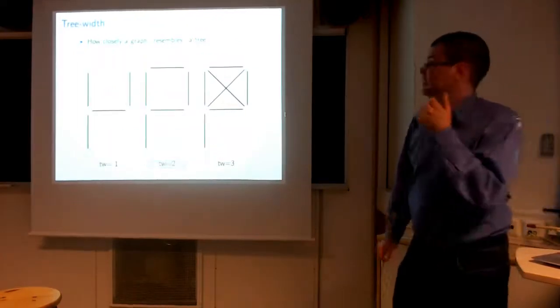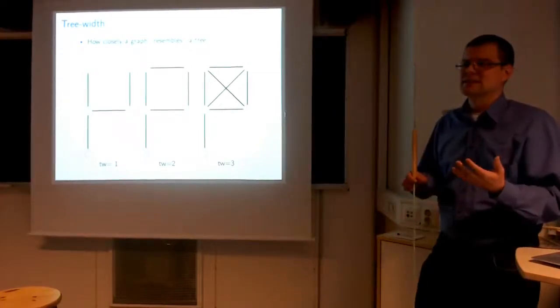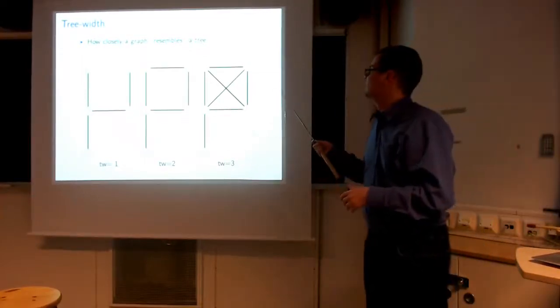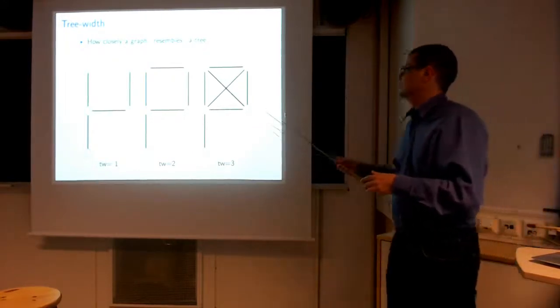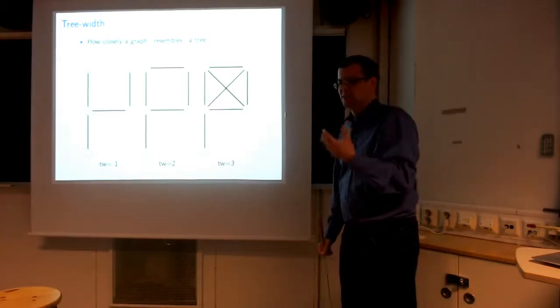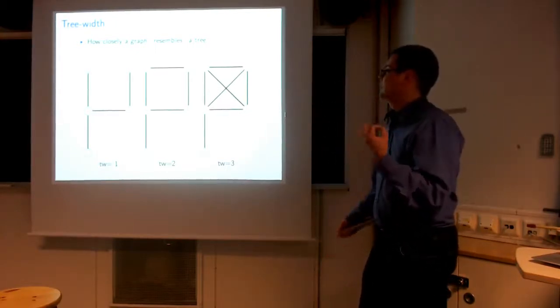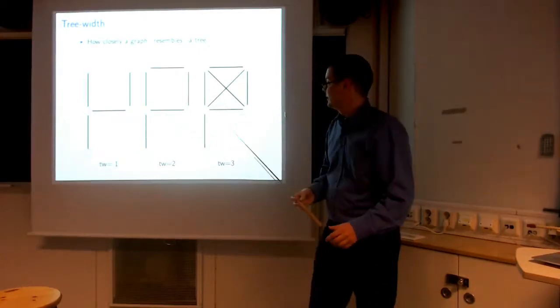Let's start with treewidth. I'm not going to formally define it here. For those who don't know what treewidth is, it's a property of an undirected graph that intuitively tells how closely a graph resembles a tree. Here is an example with treewidth 1, 2, 3.